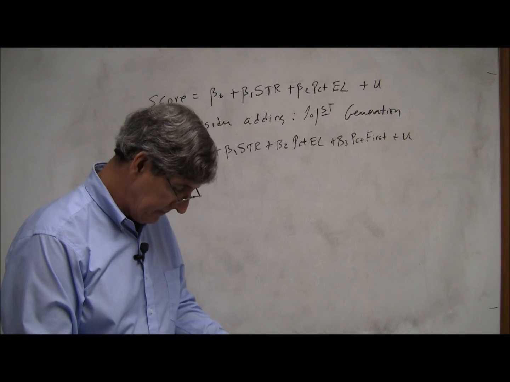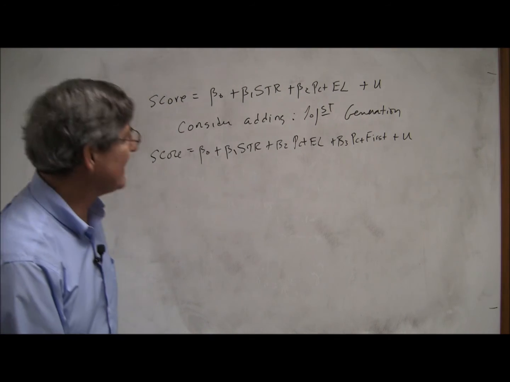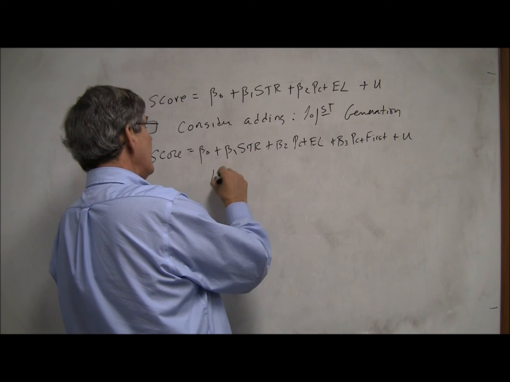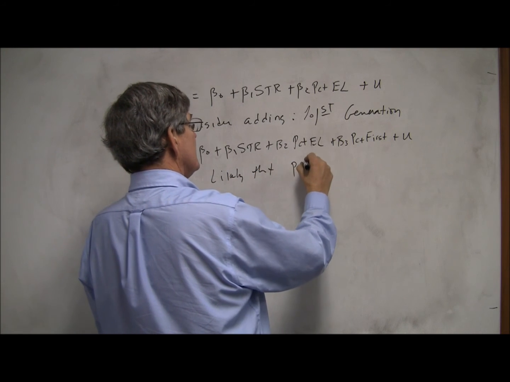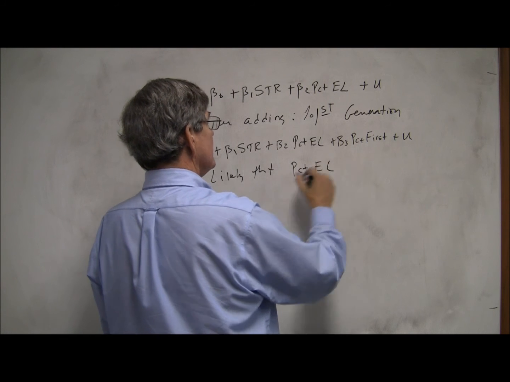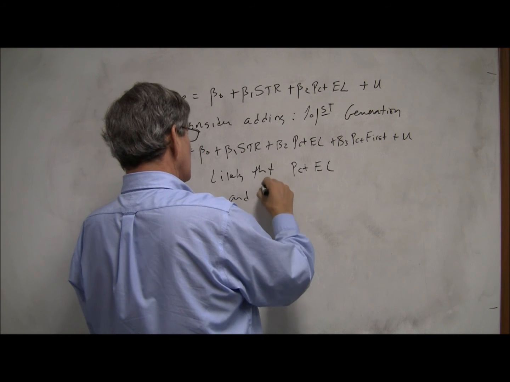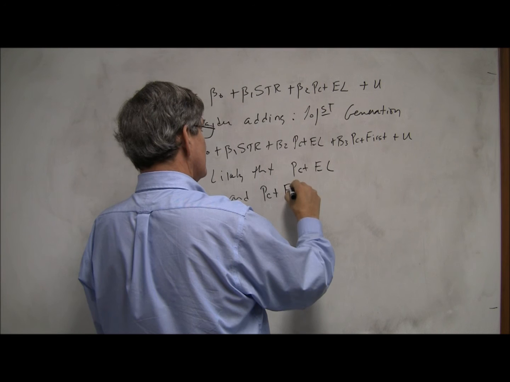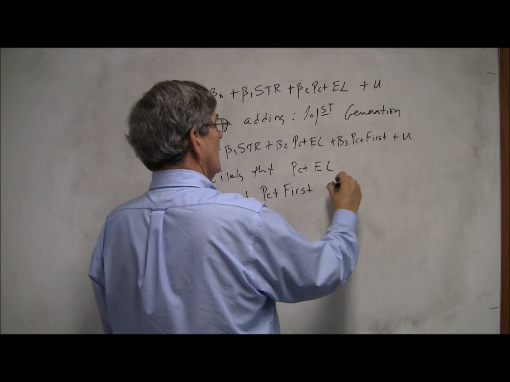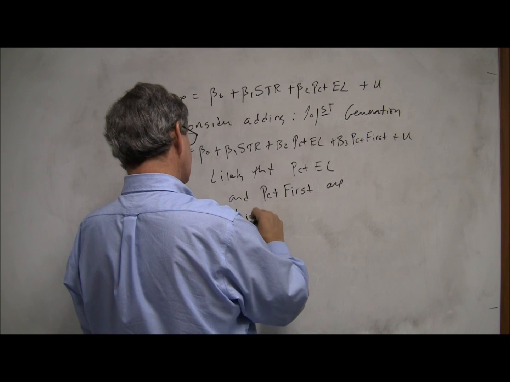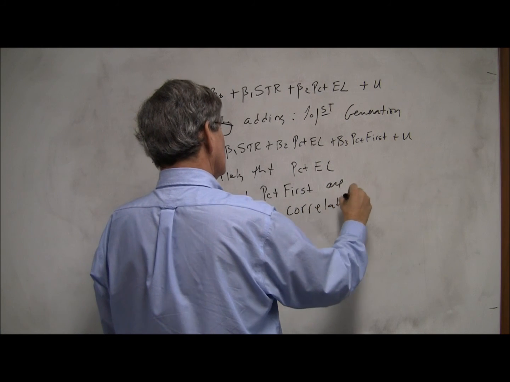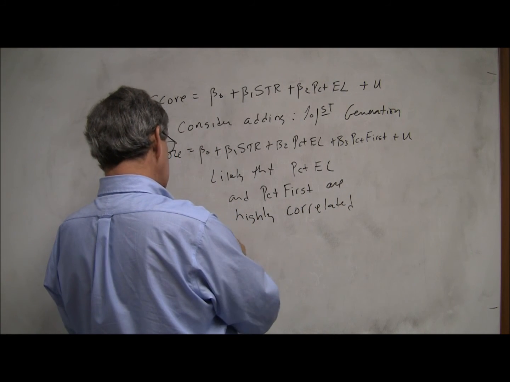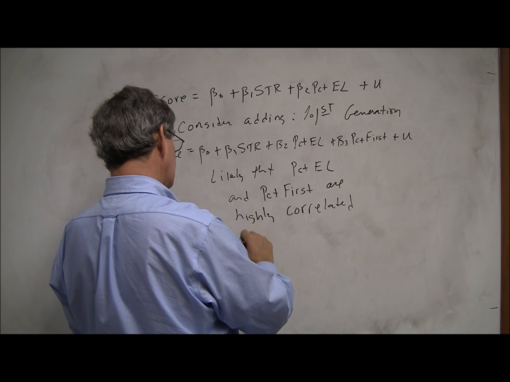The problem here is that it's likely that percent English learners and percent first are highly correlated. That is, they're imperfectly collinear.